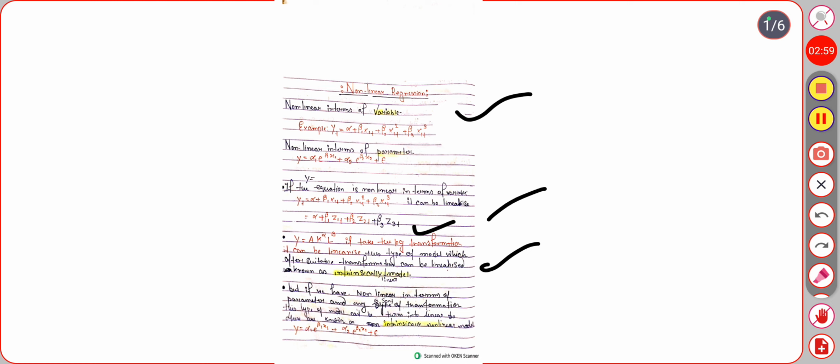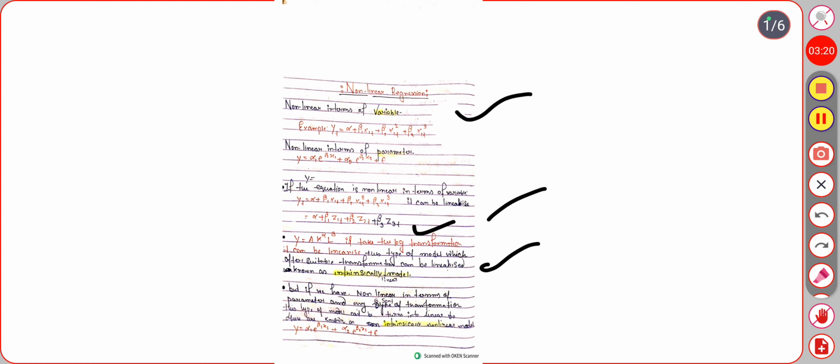model. But if we have nonlinearity in terms of parameter and no sort of transformation can convert it into linear, then these are known as intrinsically nonlinear models.